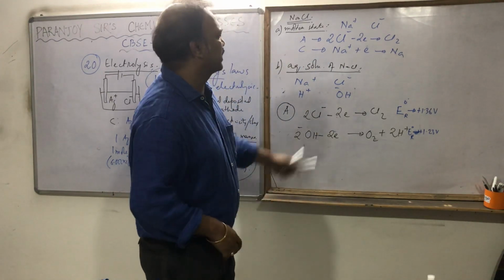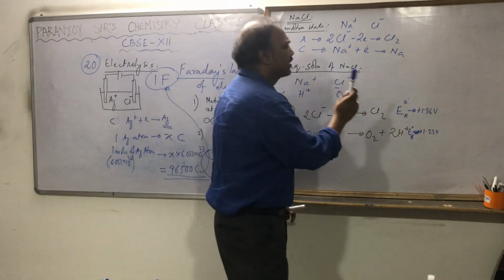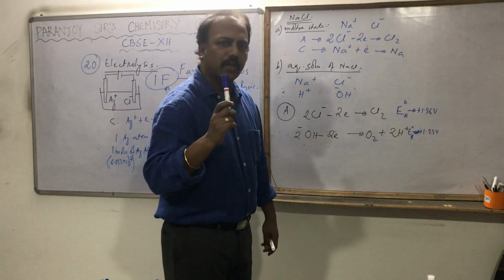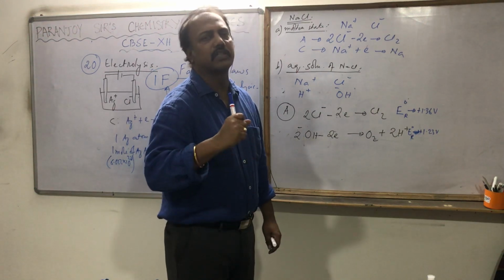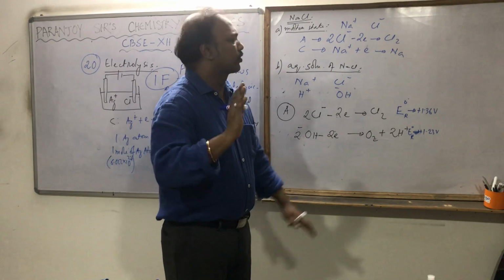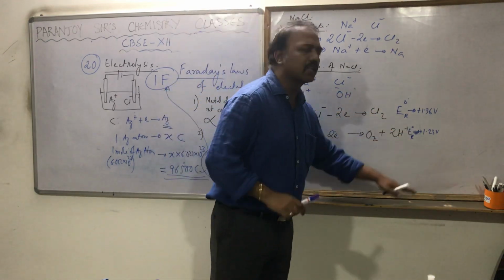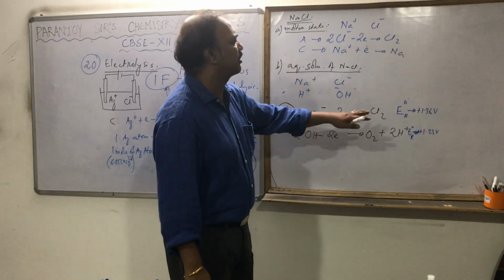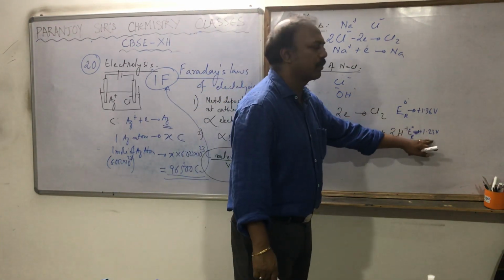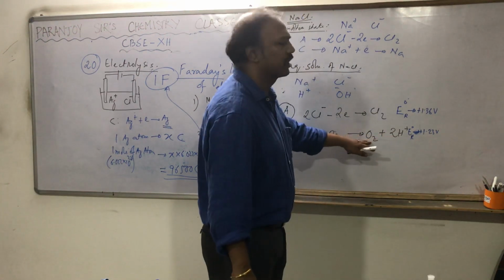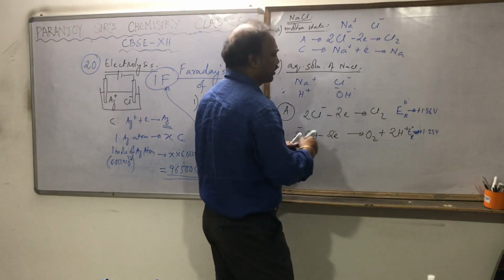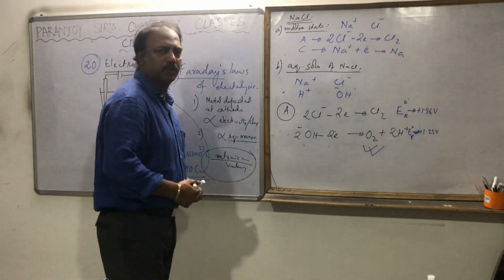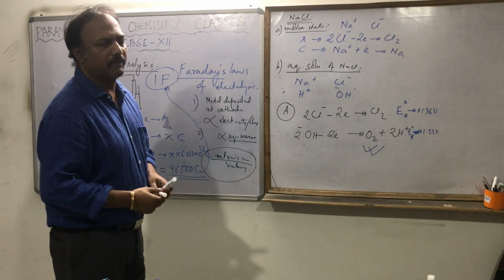Since oxidation is taking place, whichever reduction electrode potential is less means oxidation electrode potential is high. We will see that. So whichever reduction electrode potential is less, that reaction will be preferred. Out of these two, this one is less, right? Where oxygen is produced. Hence, in the aqueous solution at anode, the oxygen will be produced.